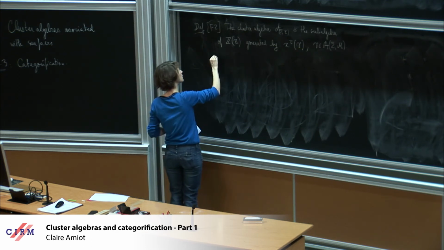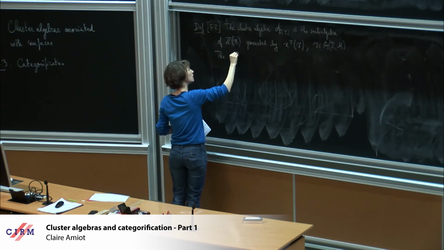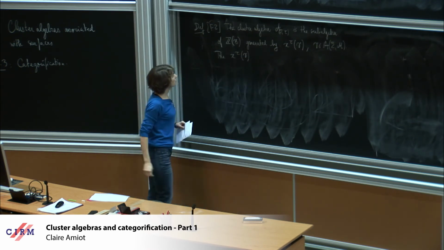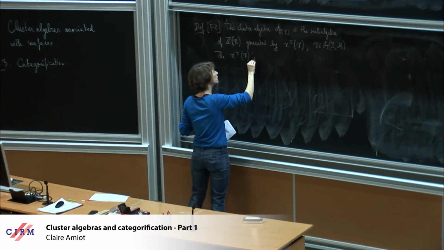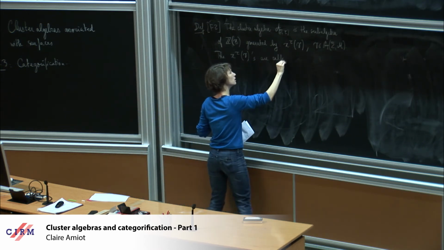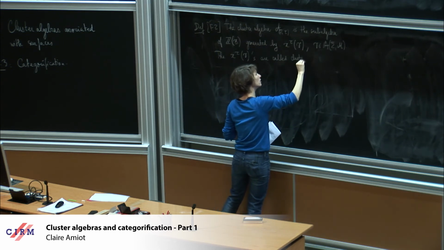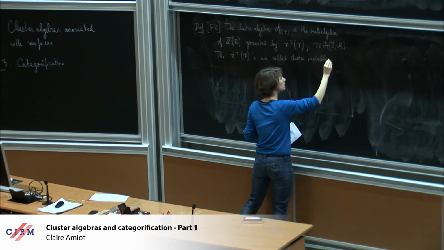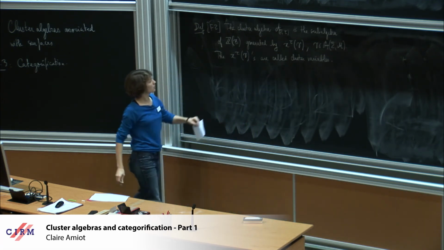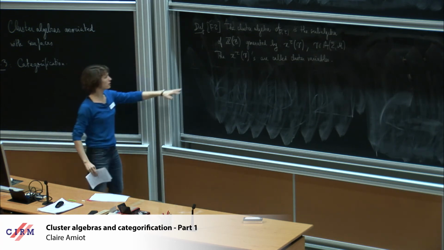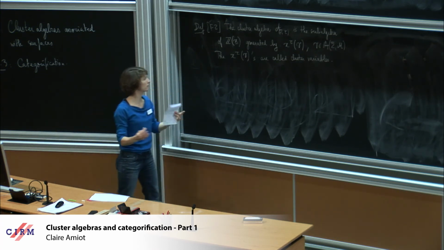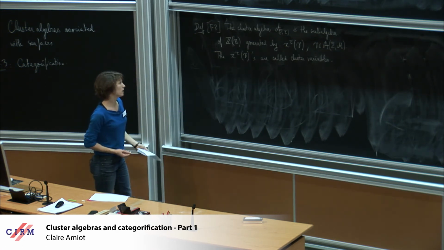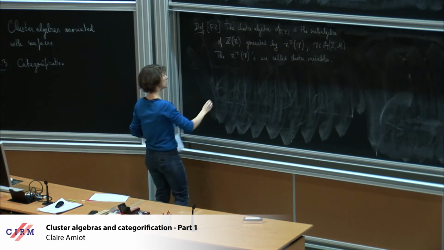So a little bit of terminology. These x tau of gammas are called cluster variables. And if you think of this topological side, we can put them together in sets corresponding to triangulations.